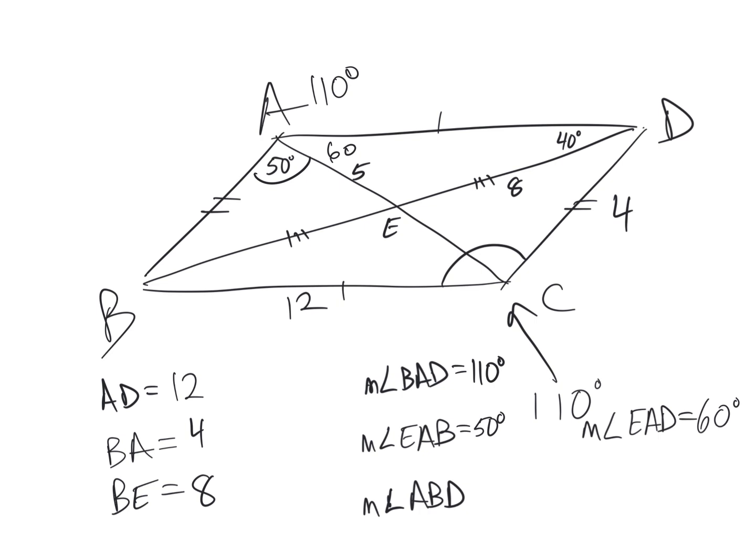And if I asked you, you could give me this angle right here, because there's 180 degrees in a triangle, right? You could figure that out. ABD, angle ABD. So they're asking for the angle right there. ABD. What do you think that is?